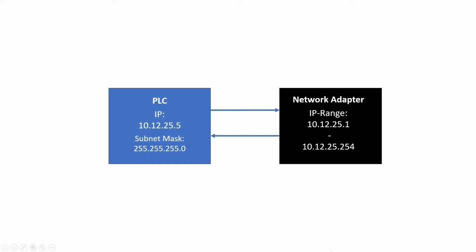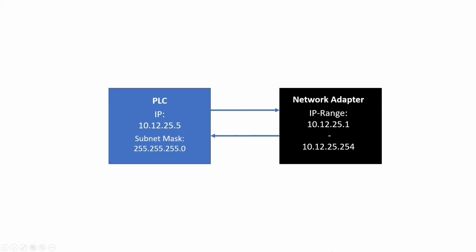At each position where you have 255 in your subnet mask, you have to set the same number in your network adapter as in the IP address of your PLC. So in this example, 10.12.25 are fixed numbers for my network adapter if I want to reach the PLC. And by that, I can choose a free number from 1 to 254 for the last place of my IP address. The numbers 0 and 255 are reserved.